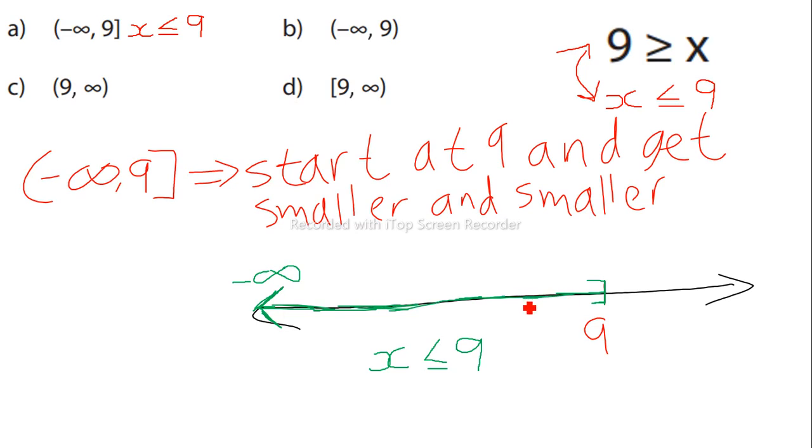If you look at any number in the set, 9 is going to be bigger than it. So 9 is bigger than 8, 7, 6, 5, and so on. 9 is bigger than everything inside the set, or equal to 9 itself.